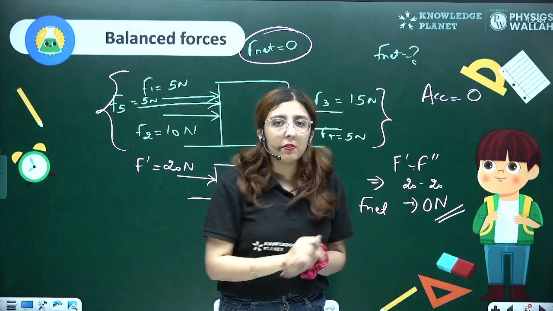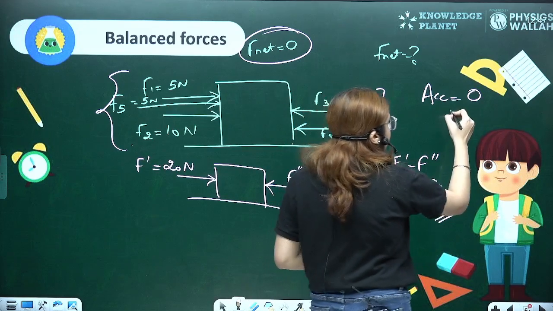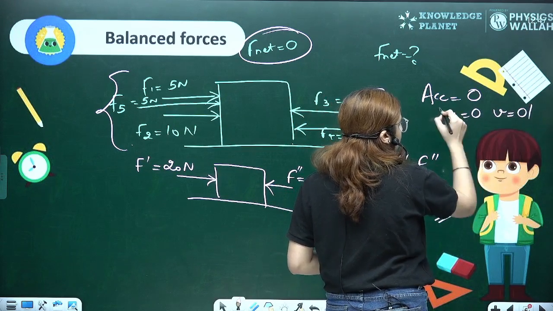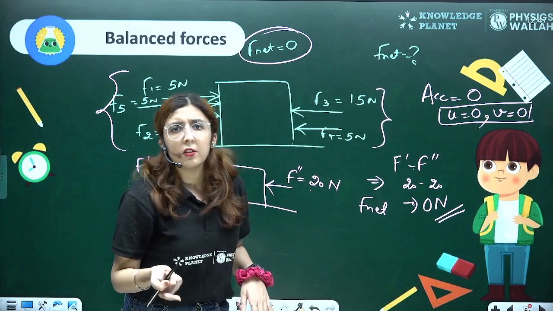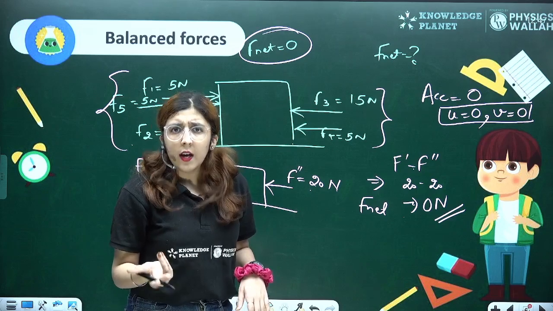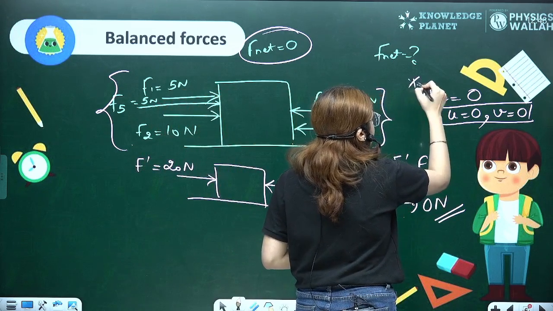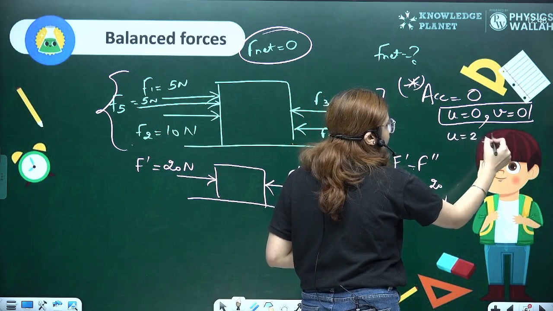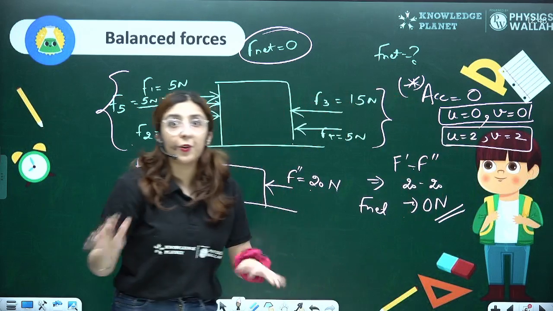Acceleration can be 0 if my initial velocity is 0 and final velocity is 0. Initial velocity 0, final velocity 0, body at rest, no velocity. Similarly, if initial velocity is 2 and final velocity is 2, no change occurs in the velocity: uniform motion.